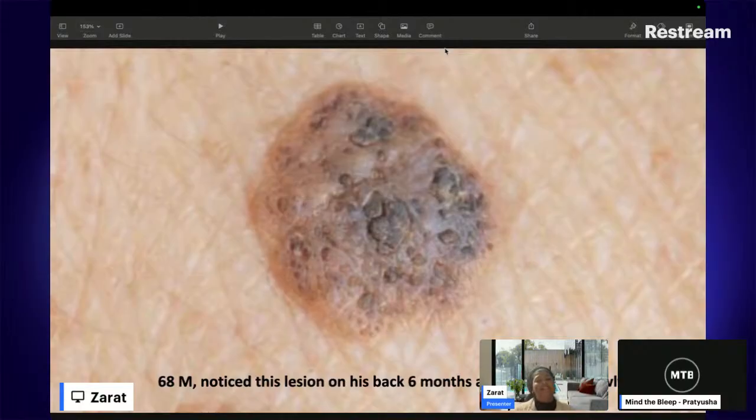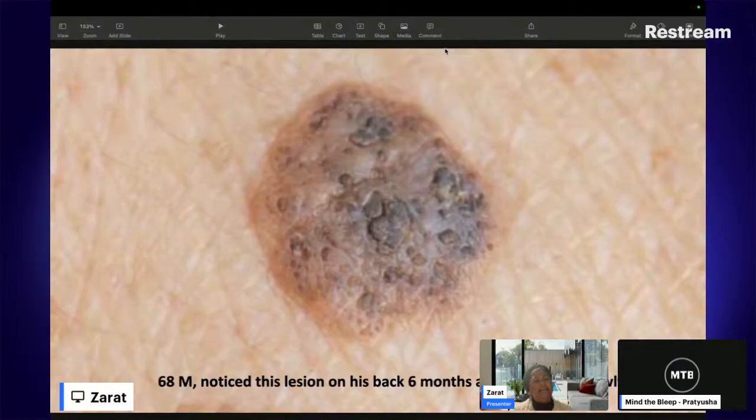The fact that this is a 68-year-old man who has a skin lesion increases our suspicion, increases our worry, because the older you are, the more likely you are to get malignant conditions, cancers, whereas the younger you are, the less likely. Again, this is not black and white. This is not a yes or no rule. Young people do get cancer, older people do have benign conditions, but these are all little clues that we tie together at the end to reach the diagnosis.